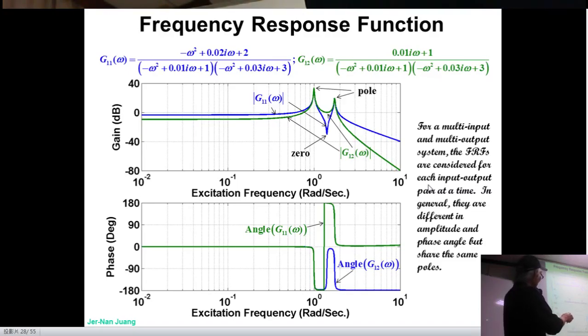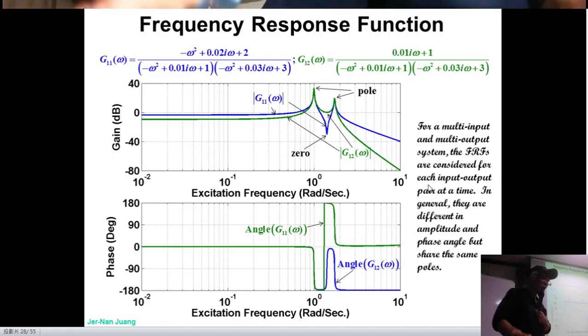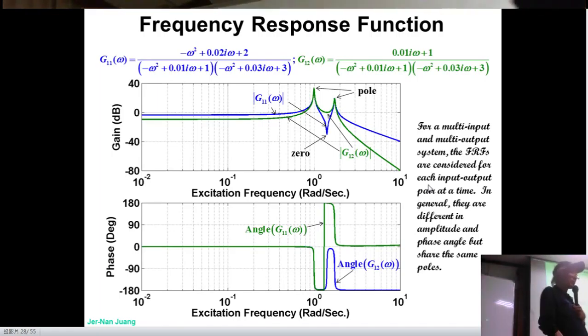If your controller makes the peak down, that means your controller is working. If the controller doesn't pull the peak down, that means your controller doesn't work at all. All right? This is why we talk about response functions, because that's the way we evaluate, we examine our controller design.